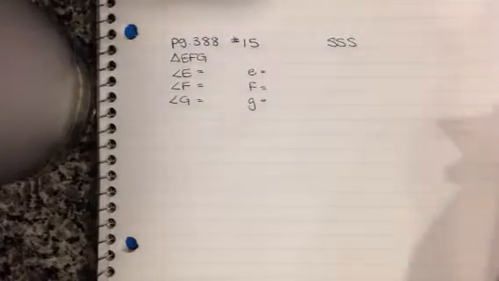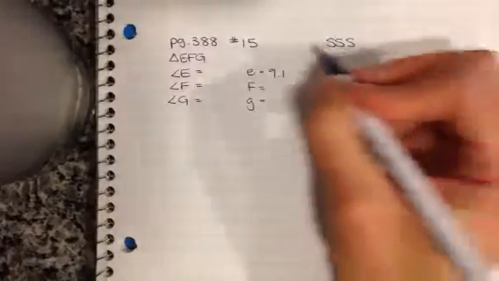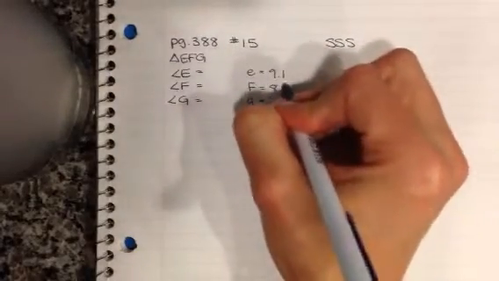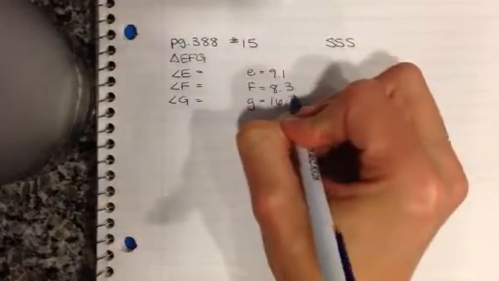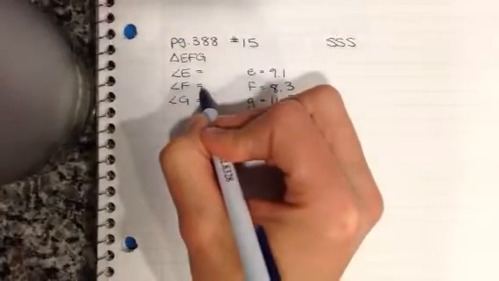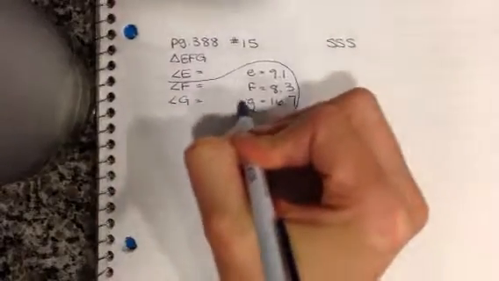In this one, it tells me that little e is 9.1, little f is 8.3, and little g is 16.7. And it wants me to find angle F. So this is what I'm dealing with.